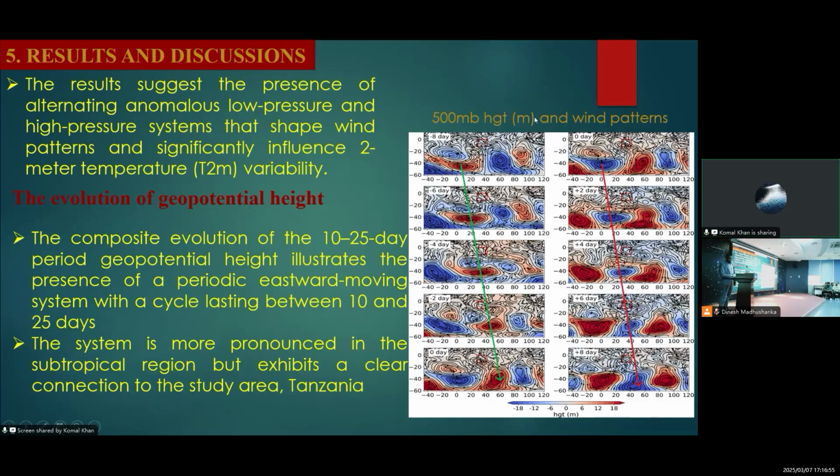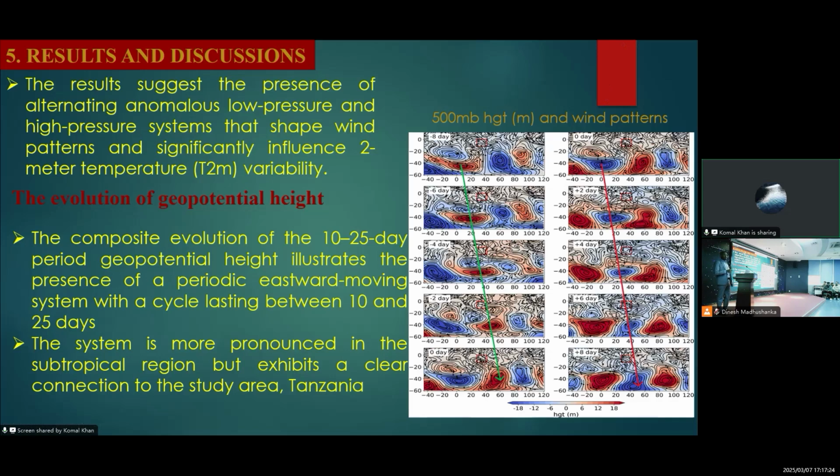When you start from lag 0, we have another system moving, which is the low, marked with blue centers. This movement is shown with the green and red arrows on the figure. I think everyone can see. But this is not happening at the study area.